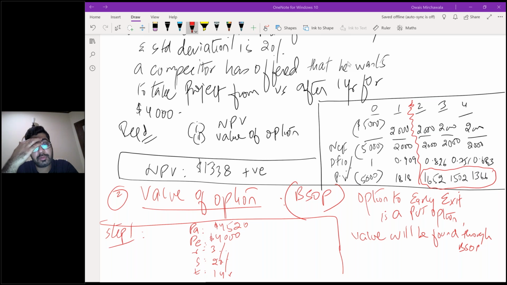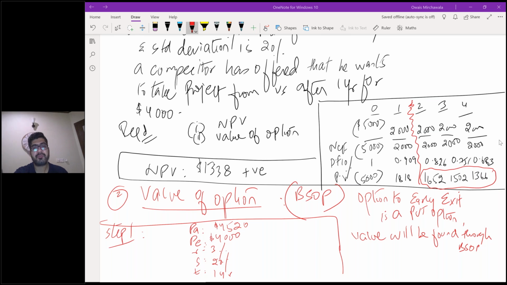So competitor is offering you 4,000 for that. It's present value of opportunity cost basically, Ayuni.